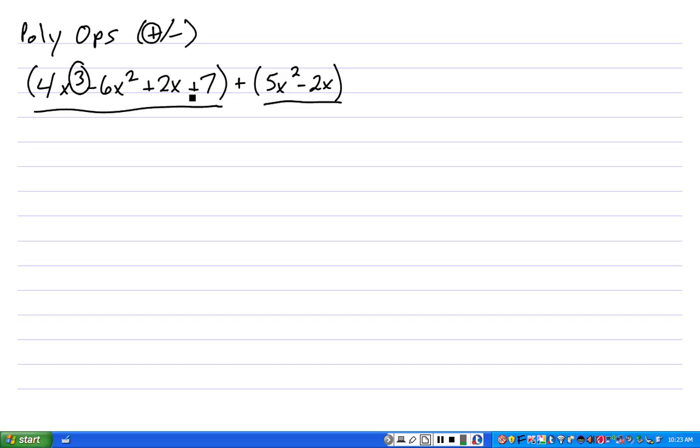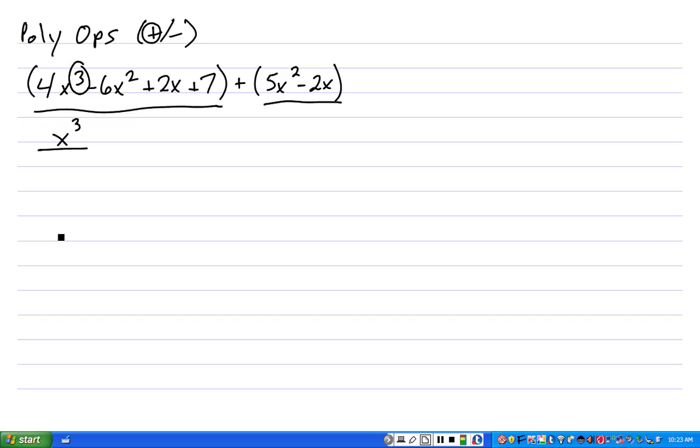So what I typically would want to do is establish x to the third as my initial column. Anything that's x to the third, in any of the parentheses I see, I'd line up in this column.